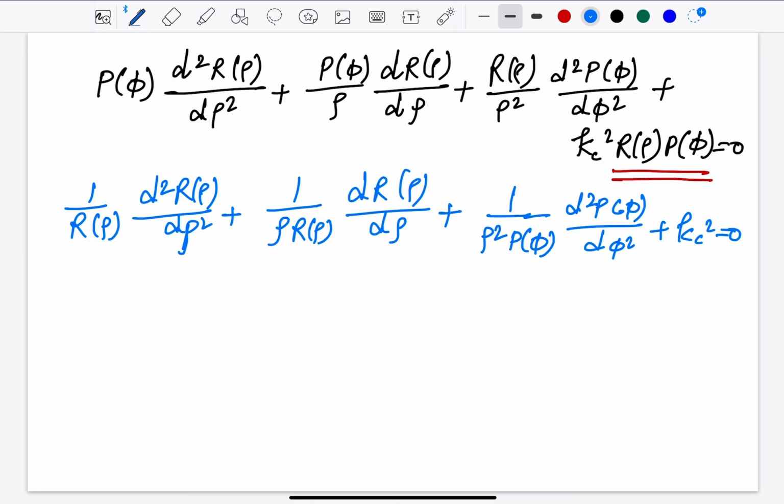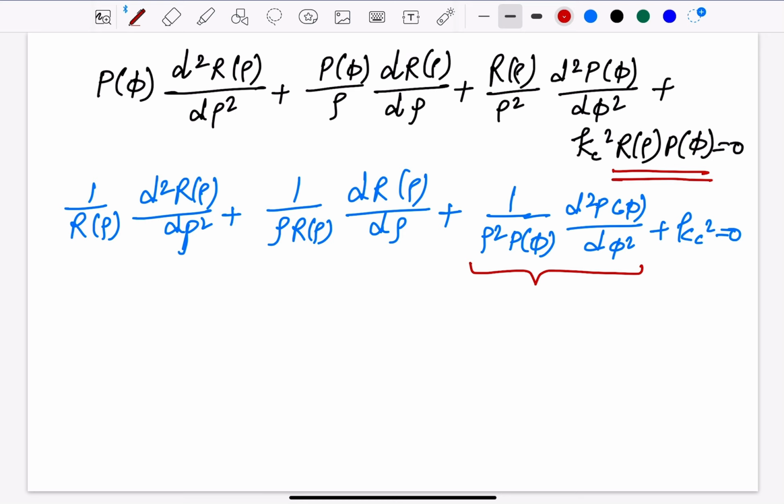Okay, so now here what you can see, particularly this term, this is along the function of P, or the function of phi. So we can equate it to a constant term.